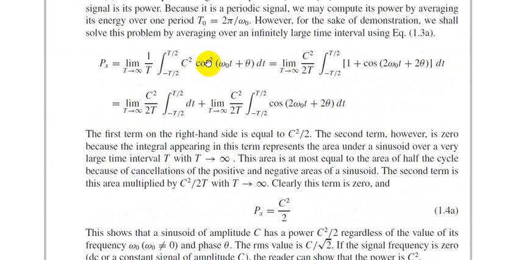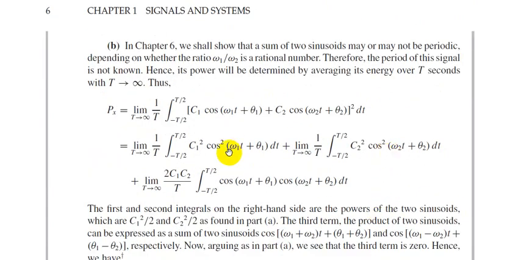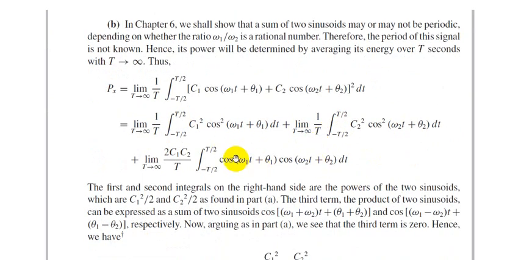Recall how to integrate the cos square function. Here you will get two cos square functions, therefore you can evaluate these two functions as before. For the cross term, which is cos a cos b, you can multiply 2 and divide 2, so you get 2 cos a cos b, which you can expand into cos of (a plus b) plus cos of (a minus b).